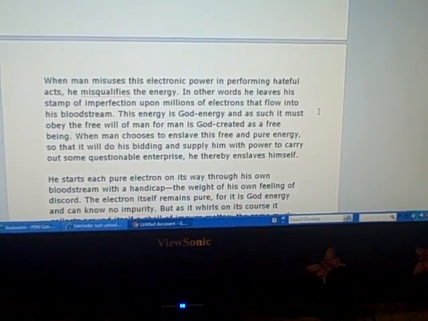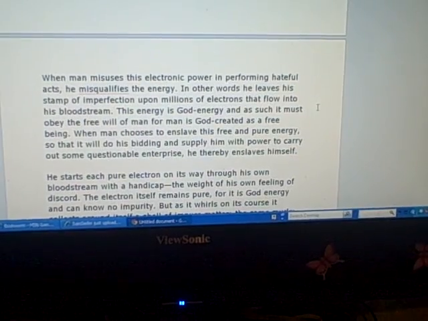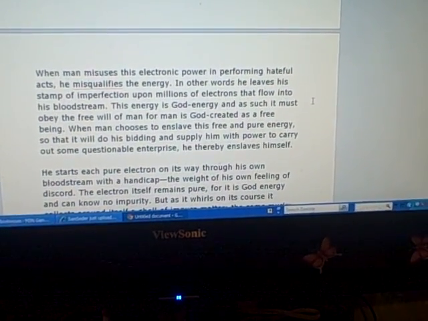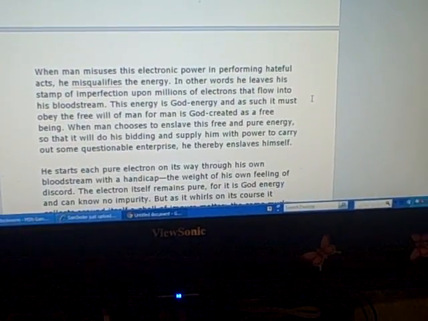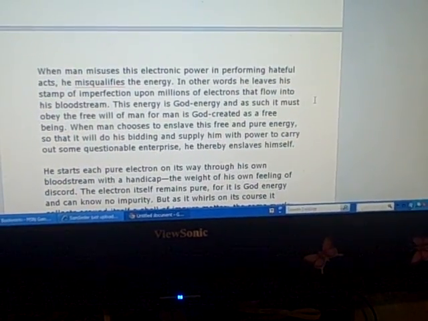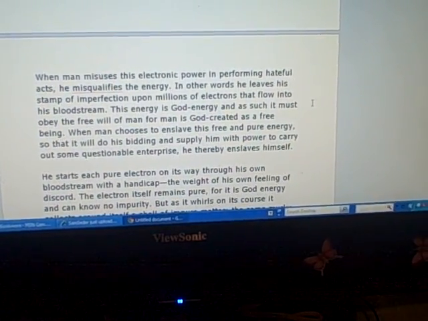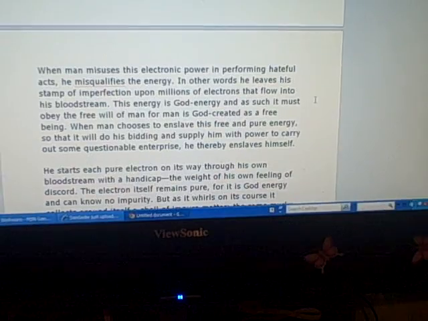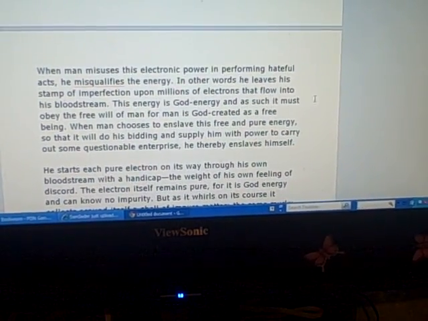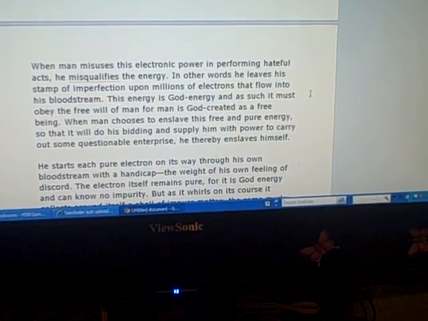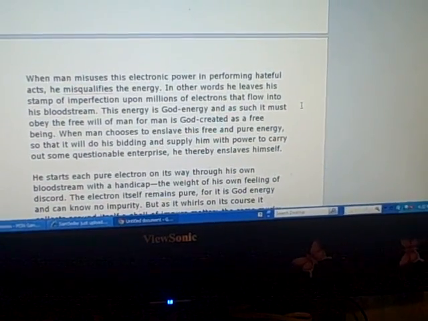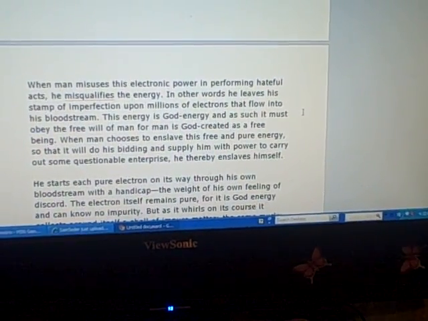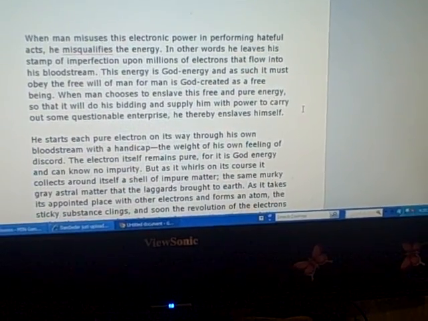This energy is God energy, and as such, it must obey the free will of man. For man is God created as a free being. When man chooses to enslave this free and pure energy so that it will do his bidding and supply him with power to carry out some questionable enterprise, he thereby enslaves himself.